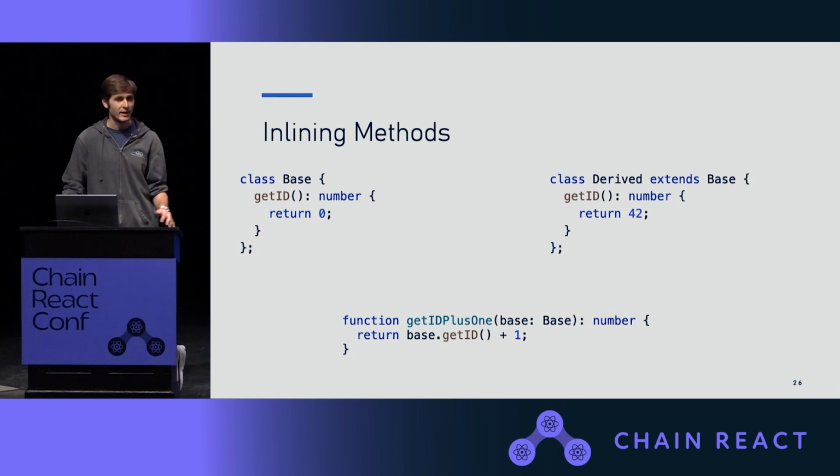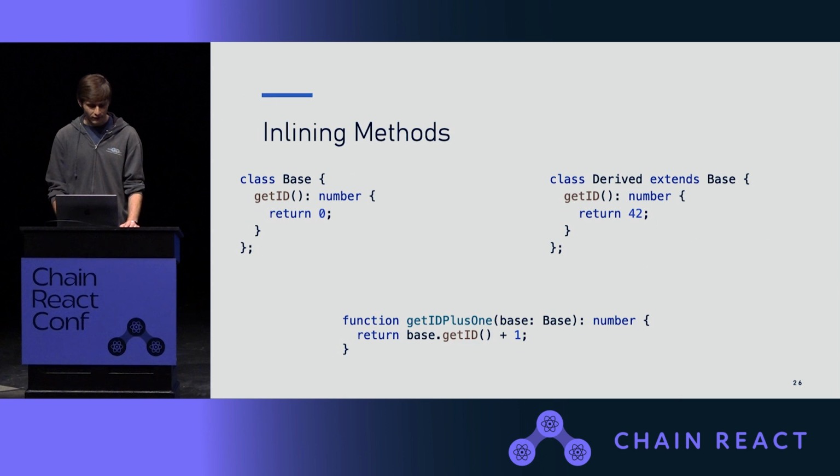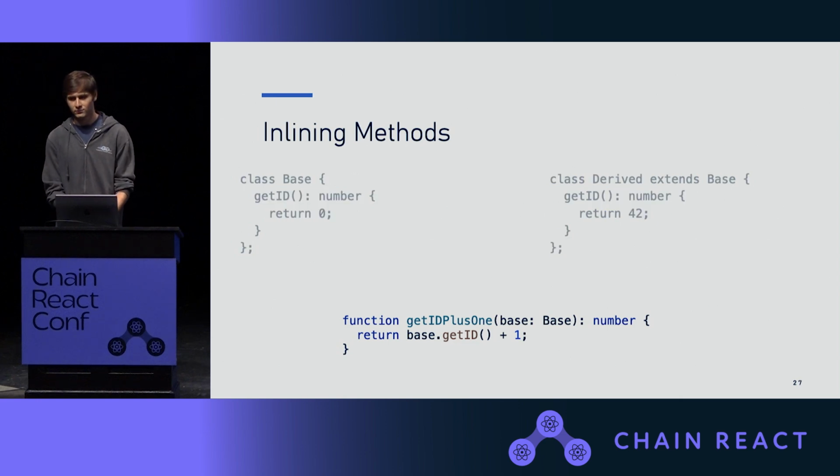Let's consider inlining methods, for instance. Here we have a base class, which has a single method, getID. It returns a number. And we have a derived class that extends base and overrides getID to return 42 instead. Below, we have a function called getID+1, which is very simple.